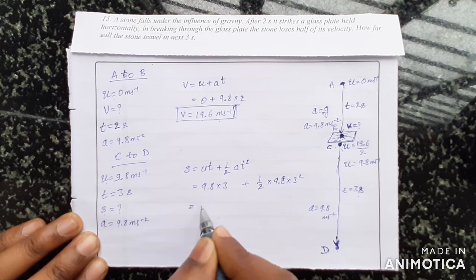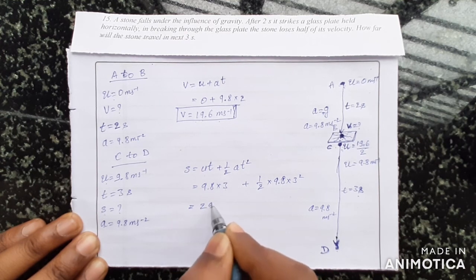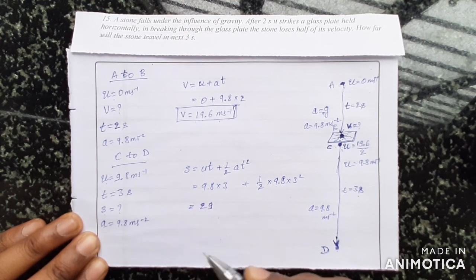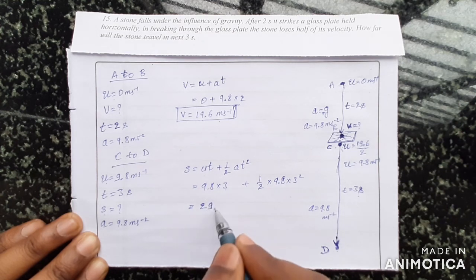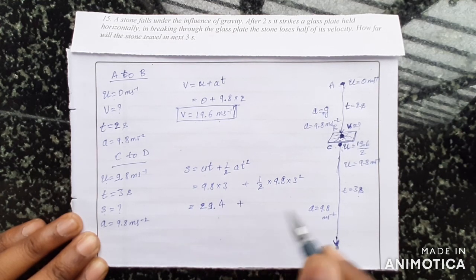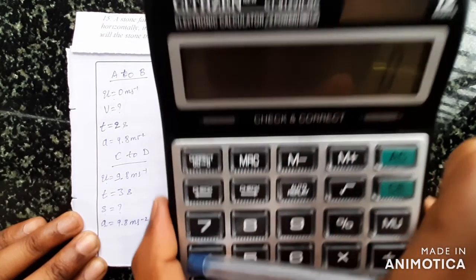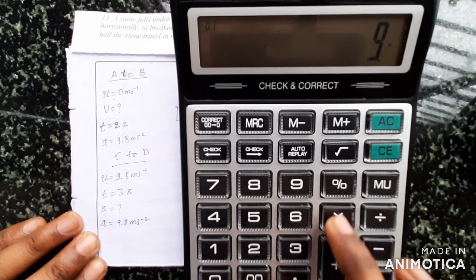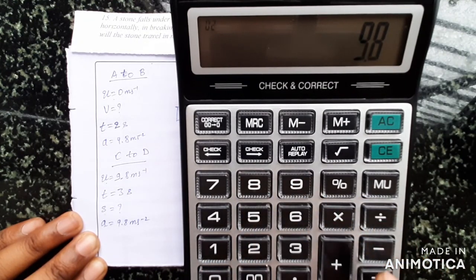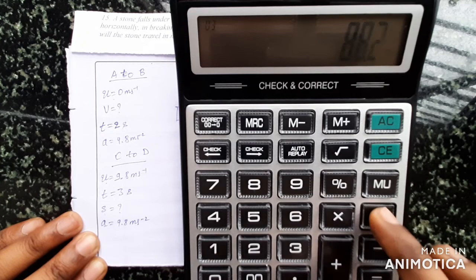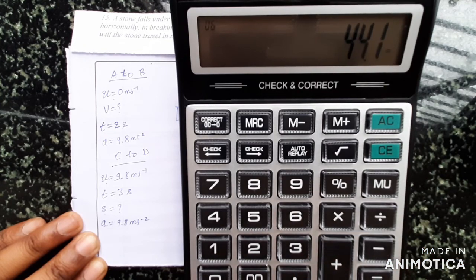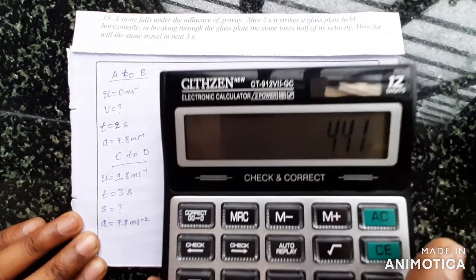9.8 into 3 is 29.4, plus 3 squared is 9, 9 into 9.8 divided by 2, that is going to be 44.1.